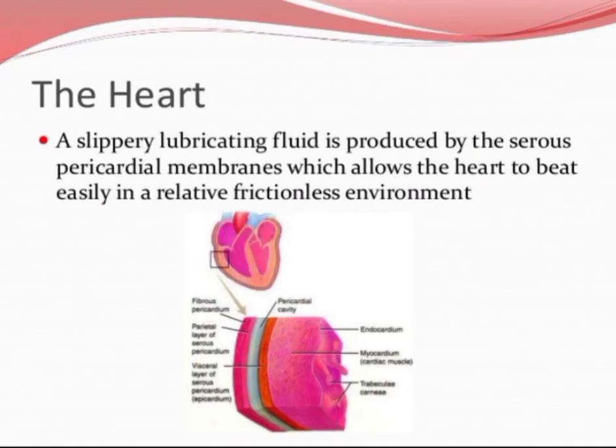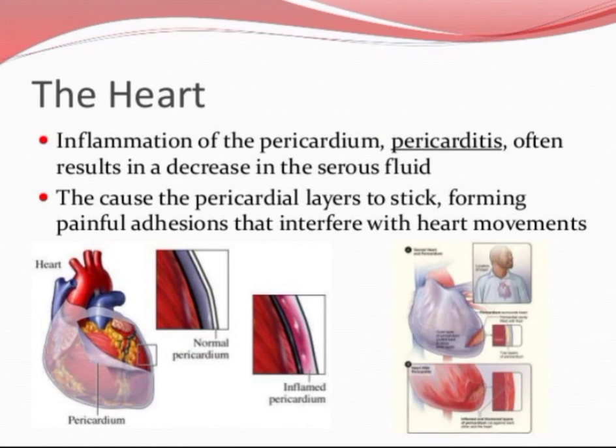A slippery lubricating fluid is produced by the serous pericardial membranes, which allows the heart to beat easily in a relatively frictionless environment. Inflammation of the pericardium, pericarditis, often results in a decrease in the serous fluid. This causes the pericardial layers to stick, forming painful adhesions that interfere with heart movement. We can understand this through the given diagram.